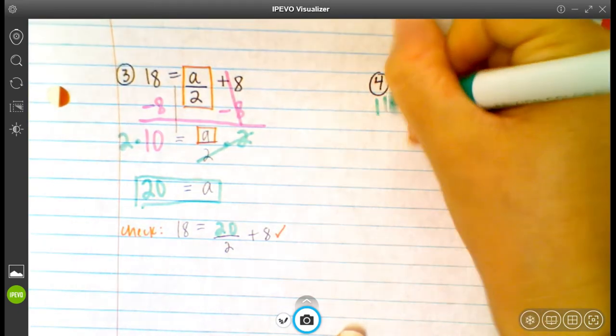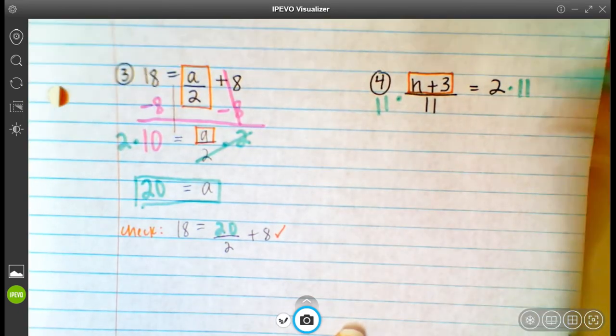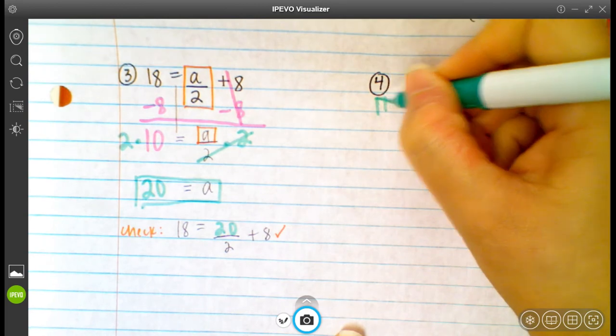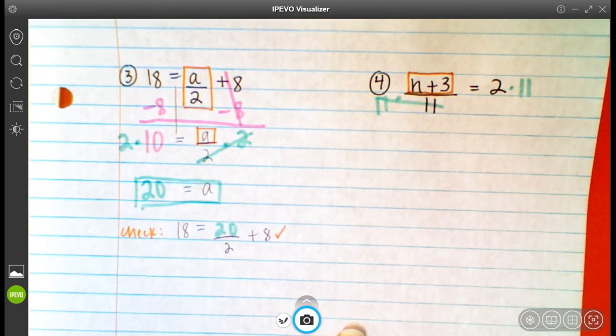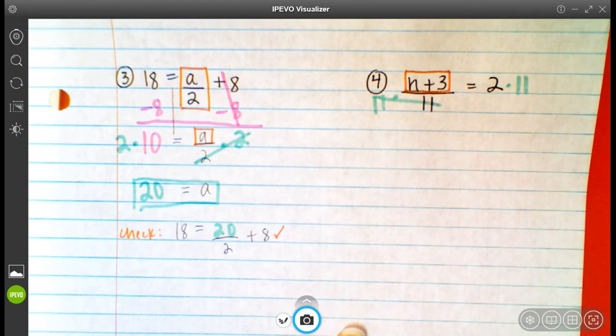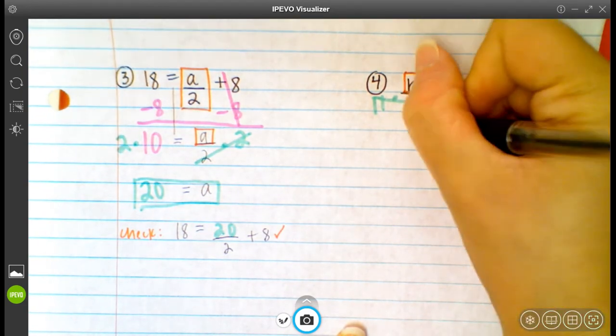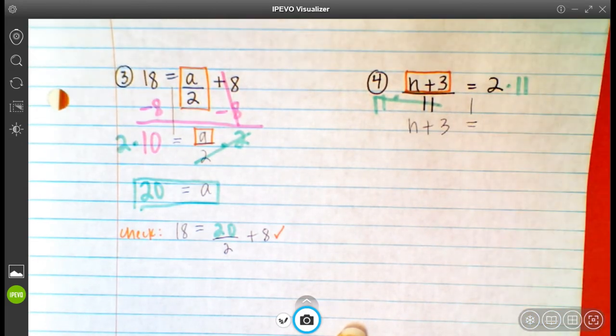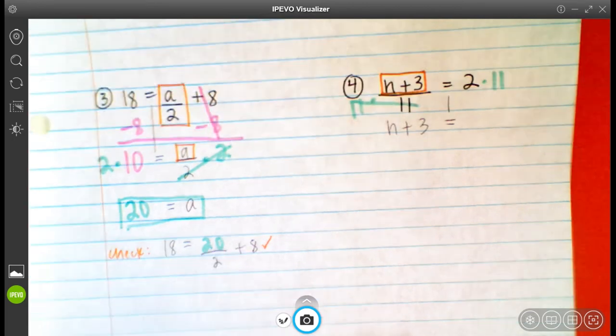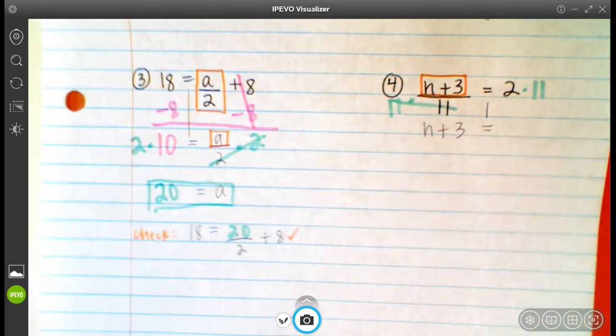I multiply both sides by 11. If I multiply and divide at the same time, that undoes the operation, leaving us on the left side with n plus 3 only. Bring down our equal. And 2 times 11 is 22.